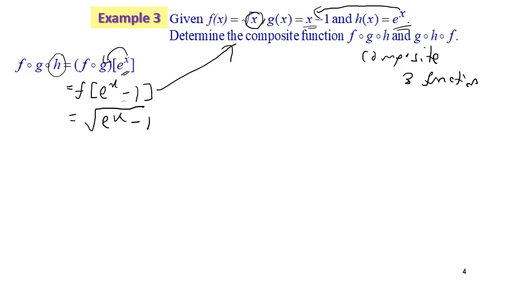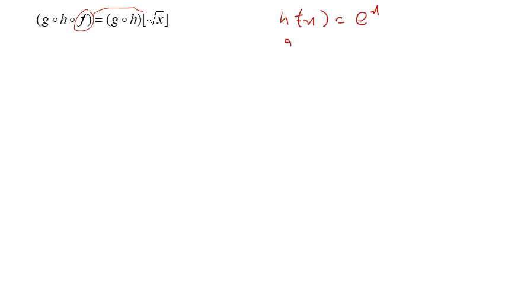So let's try it for composite function ghf. Next, composite function ghf. So as I said, we can substitute the right function first, that is f, with its function, that is square root of x. And before we forget, just write down here, the function h is e to the x and function g is x minus 1. So back to this question.